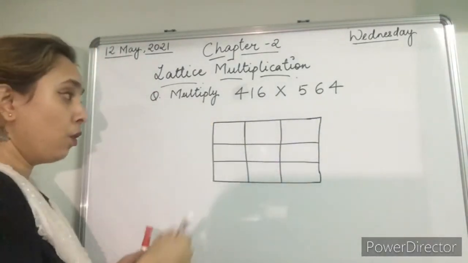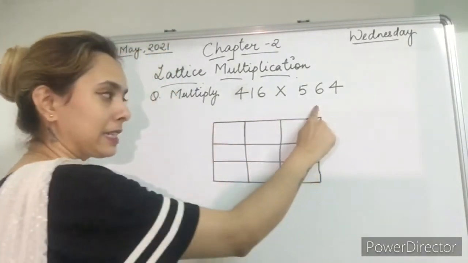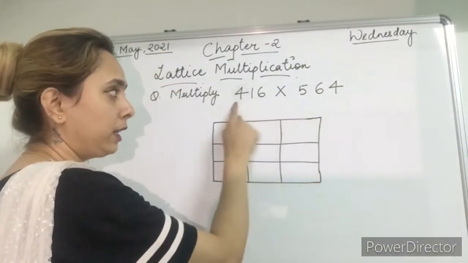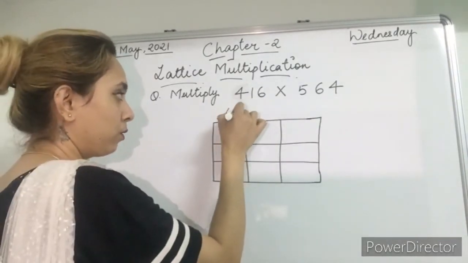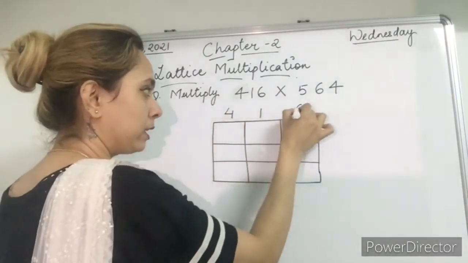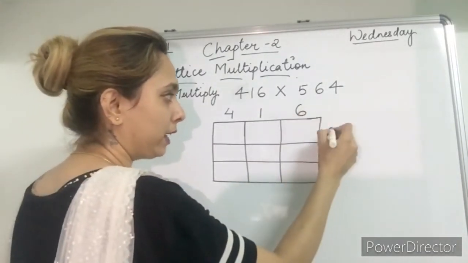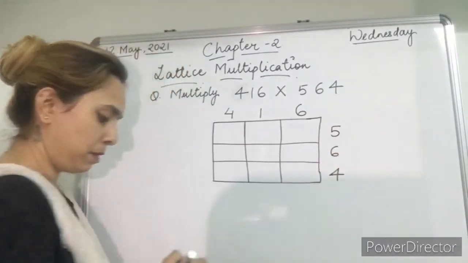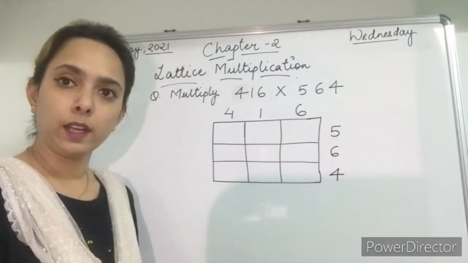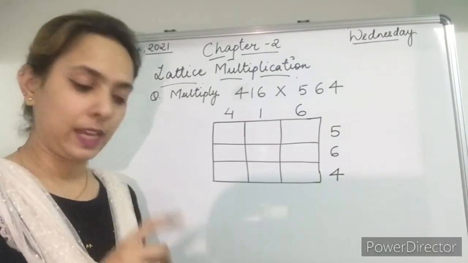On the horizontal side we will write the multiplicand, 4, 1, 6, and on the vertical side we will write the multiplier. Another thing, you will make this box using a pencil and scale.